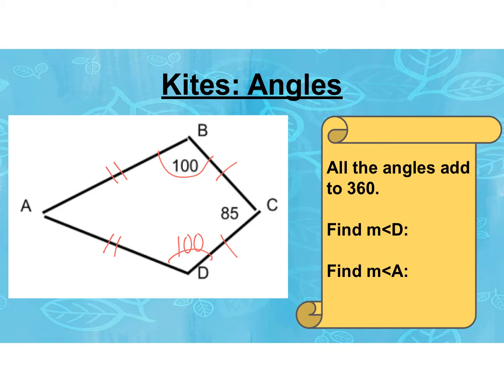So then if I think about this, I'm going to have 100 plus 100 plus 85 plus some unknown angle X has to equal 360. So then we've got 285 plus X equals 360. So we're going to subtract 285 from 360 and we're going to get 75. So angle D was 100 degrees and angle A will be 75 degrees.